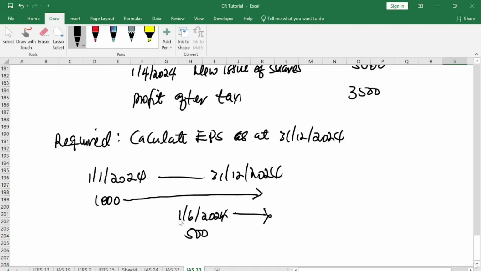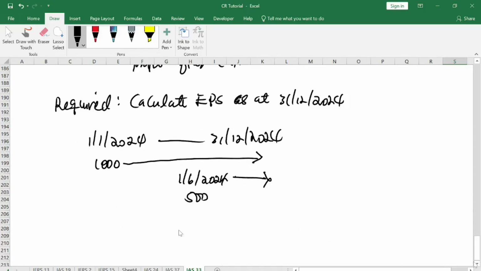Ordinarily you would have said 1,000 plus 500, which would have given you 1,500 shares.